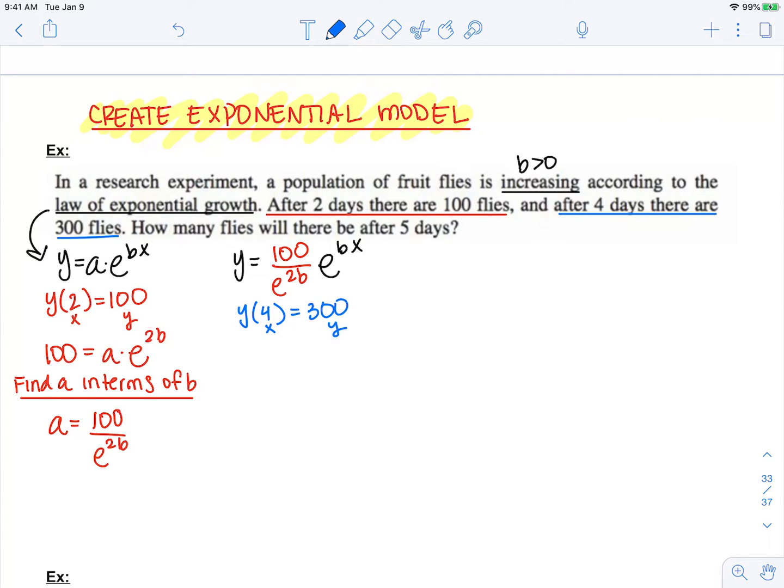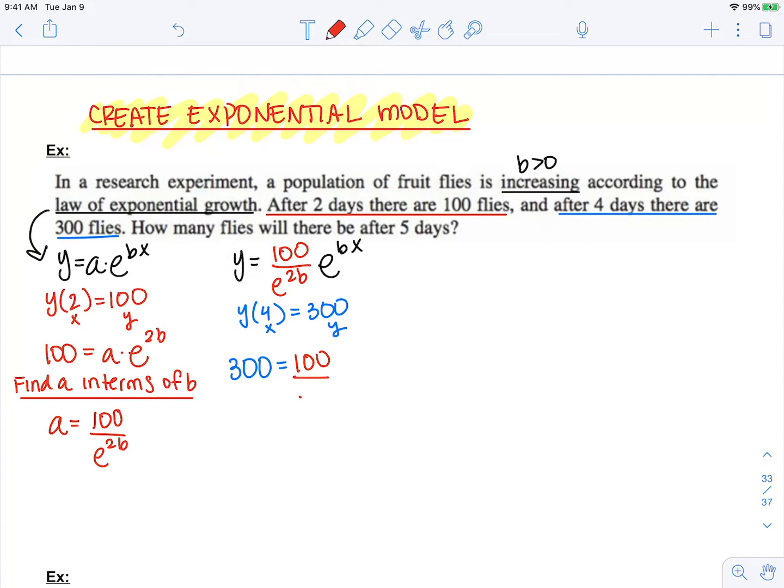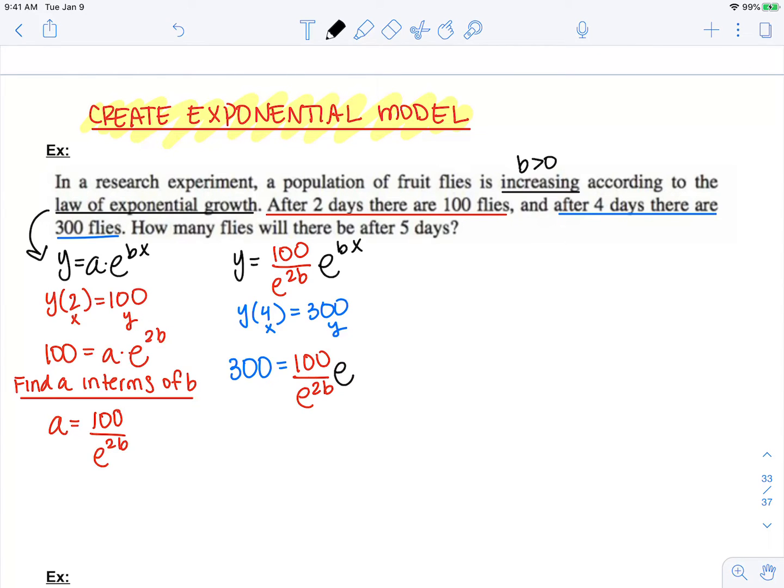This is x, this is y. So I can plug in 300 equals 100 over e to the 2b times e to the 4b. Okay? Now, I can use properties of exponents here to simplify this.